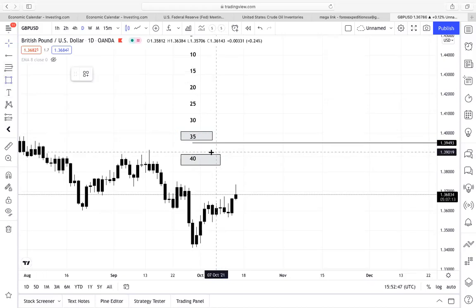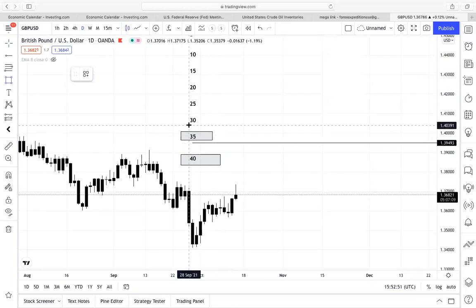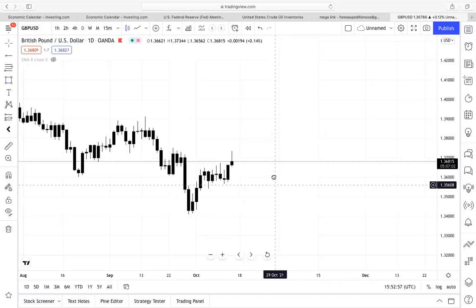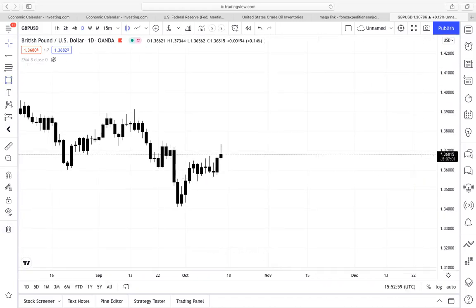If it was 33, then we'd know we're trading between 35 and 30. If it was 27, we know we'd be trading between 30 and 25. Do you guys understand? So you look at the numbers here on the side. If we add 136, we always look at the digits after the dots. Sometimes it's not always like that. Okay?